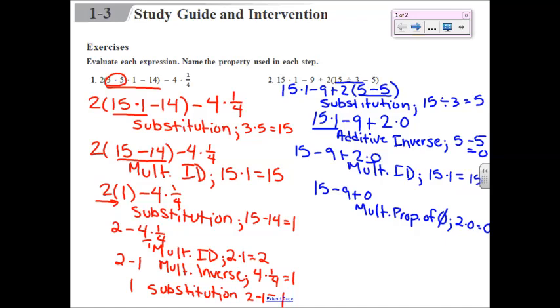And then, now that we've gotten rid of multiplication and division, we move on to addition and subtraction, moving left to right. The first one we run into is 15 minus 9, which is 6 by substitution. And the last step is the additive identity. 6 plus 0, anything plus 0 is itself.